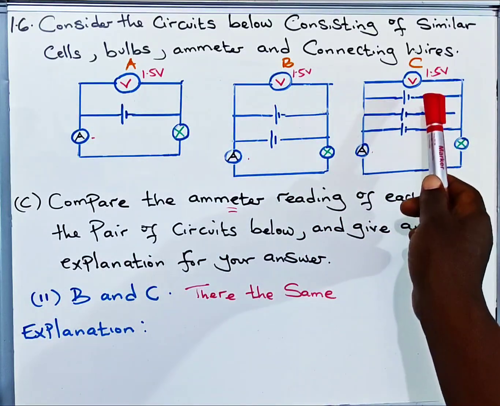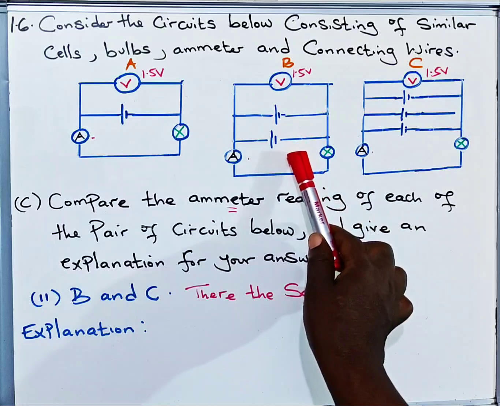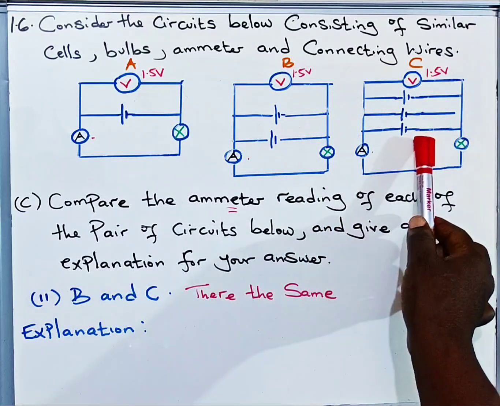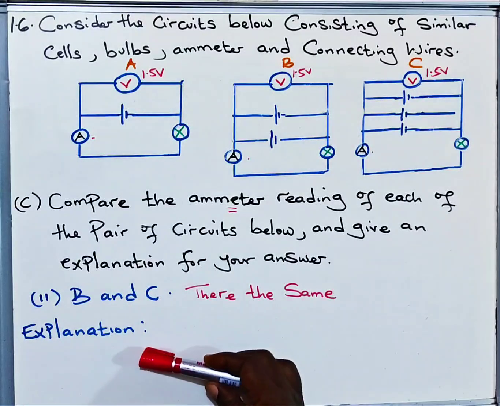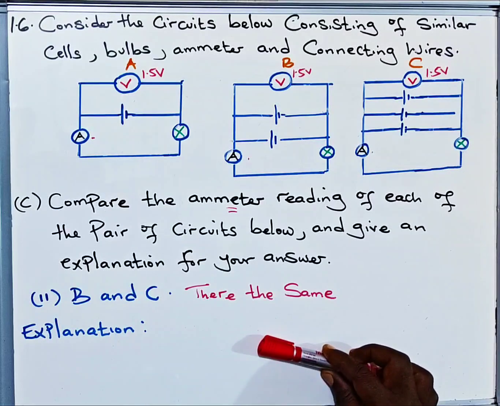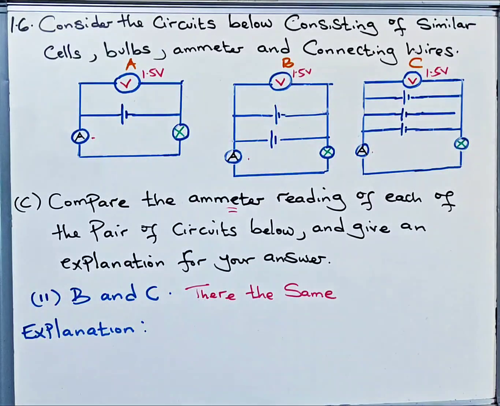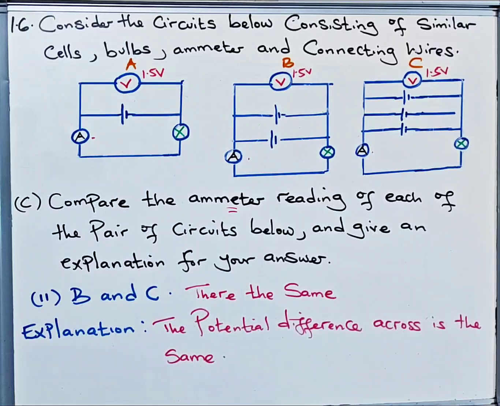And so is this one, despite the fact that these are two cells and these are three cells. It doesn't matter how many cells, provided they are of the same kind and they are connected in parallel, the potential difference will be the same as that of one cell. So what are we going to put here? The potential difference across is the same.